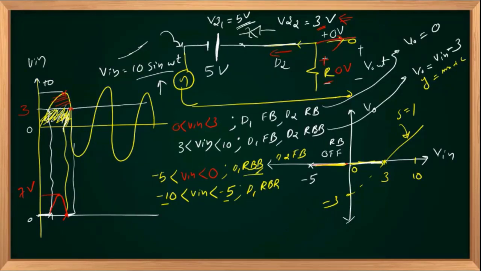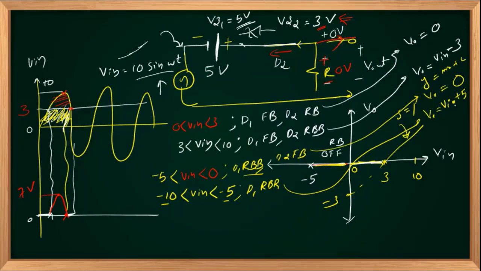Once it is in breakdown mode, you are replacing it with a voltage source with cathode positive, anode negative. So Vout, which was 0 volts in the earlier case, in the last case is equal to Vin plus 5, and you should take care that Vin is negative.